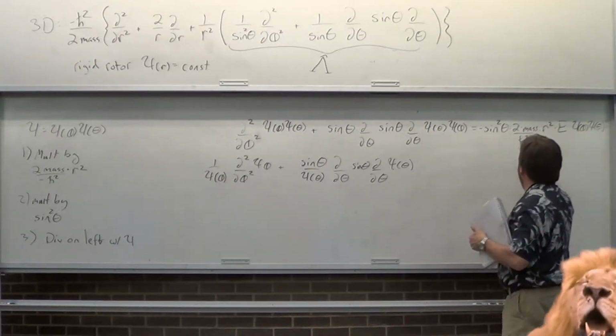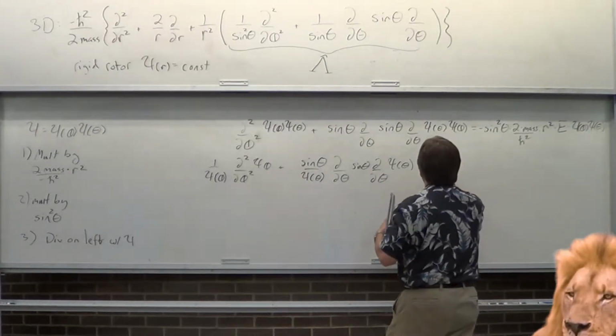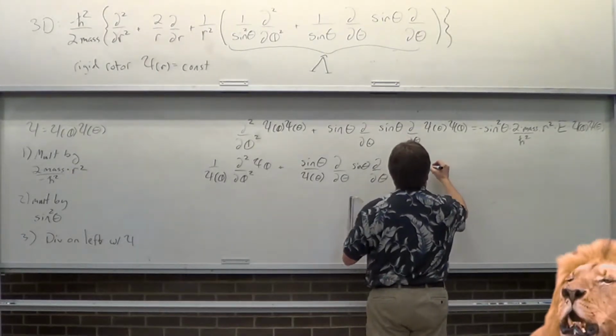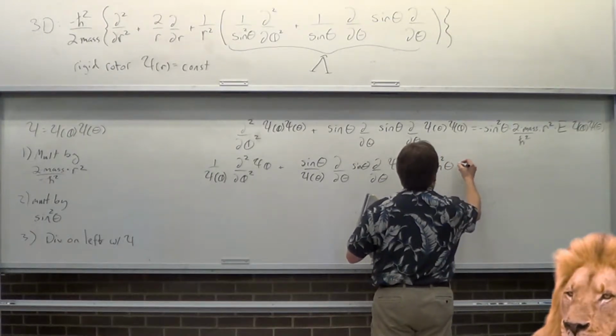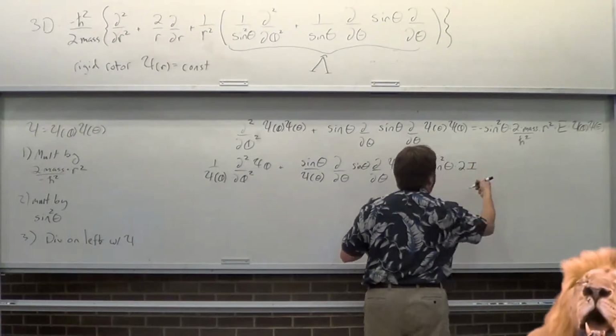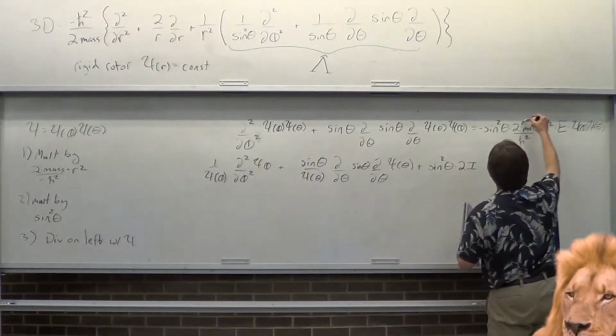Okay, so now I'm actually done with this part here, but what I'm going to do is bring over this sine theta squared. I've got 2I. Now I is mass times r squared, so you should hopefully remember that.